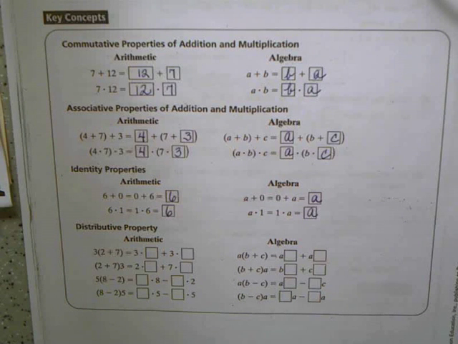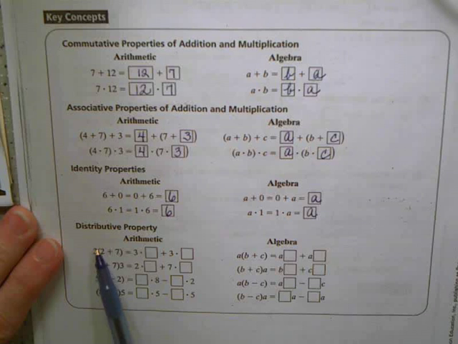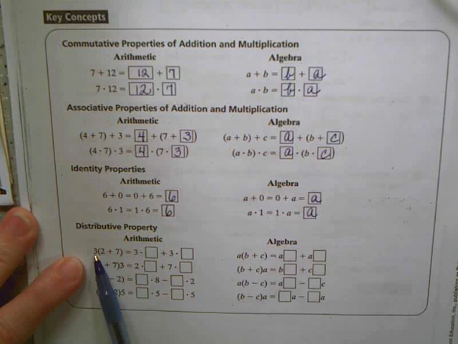Okay, the distributive property. The distributive property is basically telling us that the factor sitting outside of the parentheses gets distributed to each and every number within the parentheses. Usually that number is going to be a sum, but to each and every term within there.